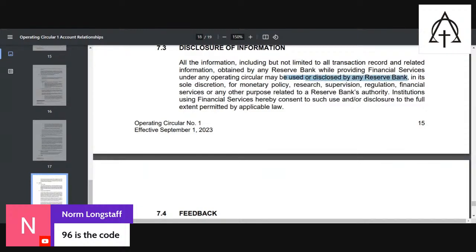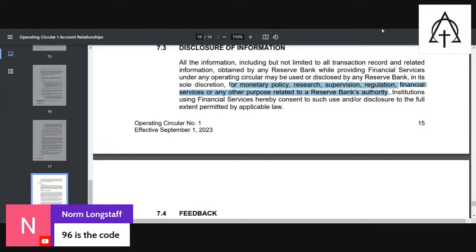You gave them the rights, titles, and interest in that property in its sole discretion for monetary policy, research, supervision, regulation, financial services, or any other purpose related to a reserve bank's authority.